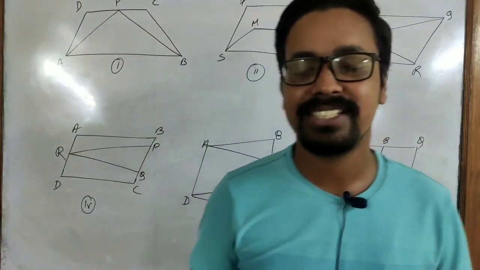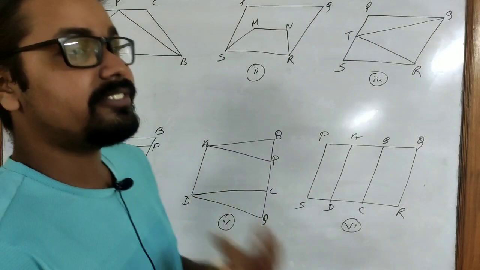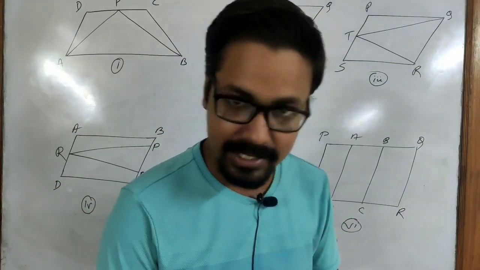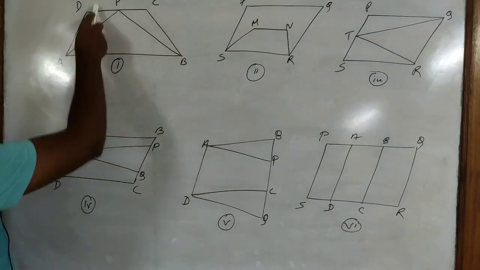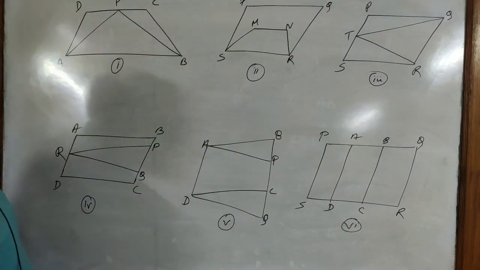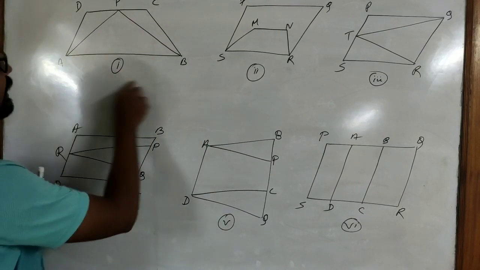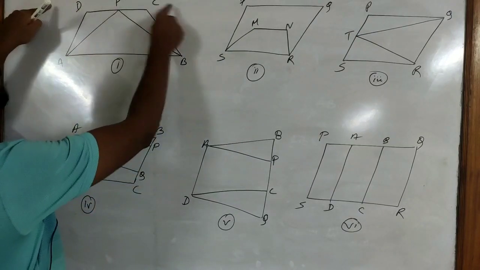So here we are with exercise 9.1, and these are the 6 figures given, and we have to tell which of these figures lie on the same base and also between the same parallel lines, which you have understood just now. So look at number 1. Here these two figures, ABCD is a trapezium and ABP is a triangle. Now they both lie on the same base AB and also between the same parallel lines AB and CD.